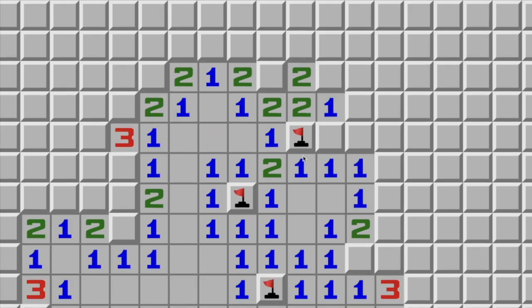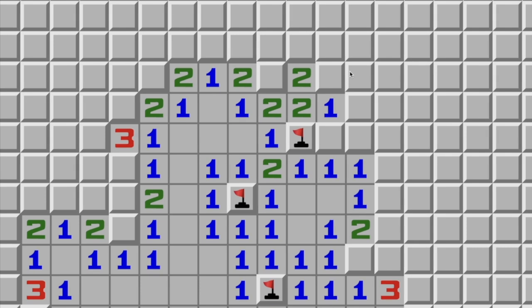Now sometimes it can seem scary or just seem like something's wrong when you're doing this kind of logic. Like for example, this 1, we know there must be 1 mine and it's here, which will uncover all these cells, and it's just important to note that this is common. Sometimes you'll just have a bunch of tiles that you can uncover at once. Just remember that there are a lot more safe tiles than mines.